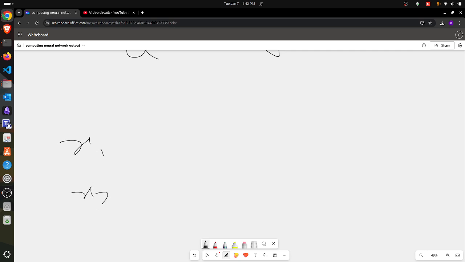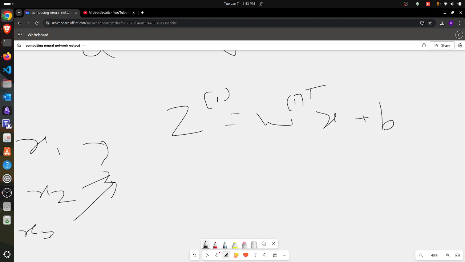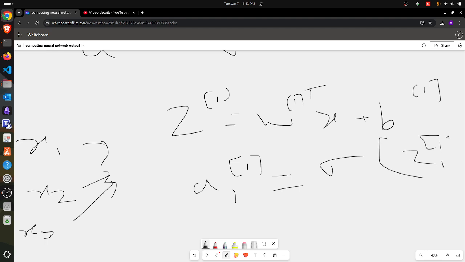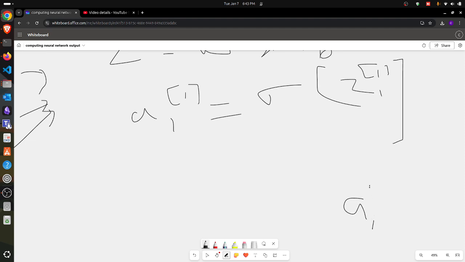So x1, x2 and x3, combining these, we are going to have the first layer of Z, W transpose of X plus B, and the first layer of A is equal to sigmoid of Z. Remember, this thing is a layer, and this thing is a node in that layer.